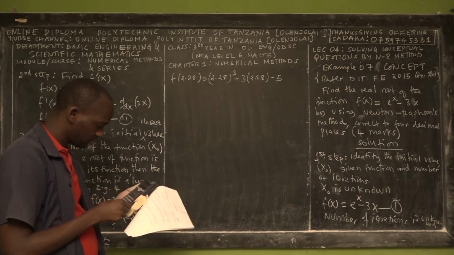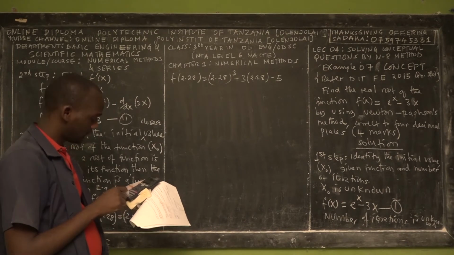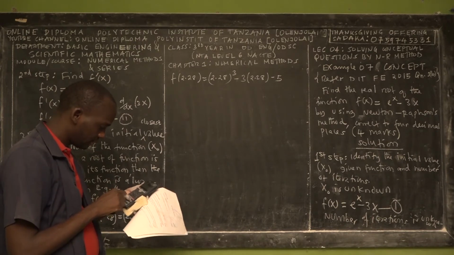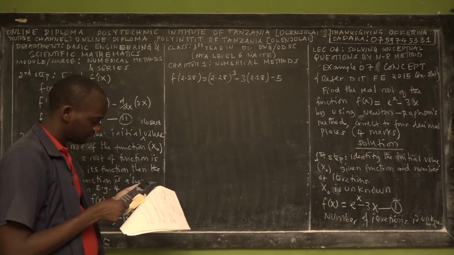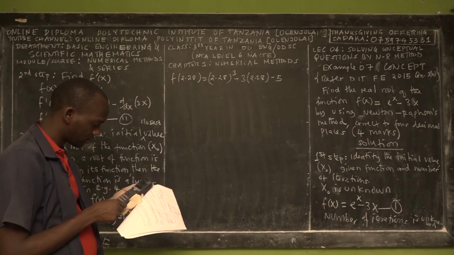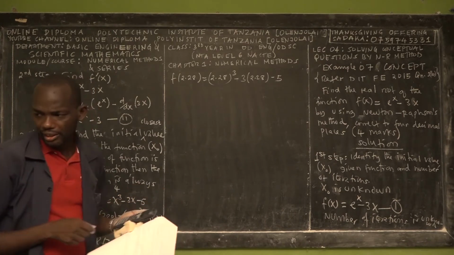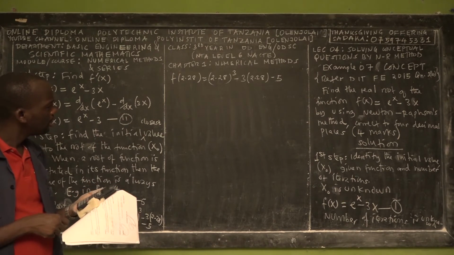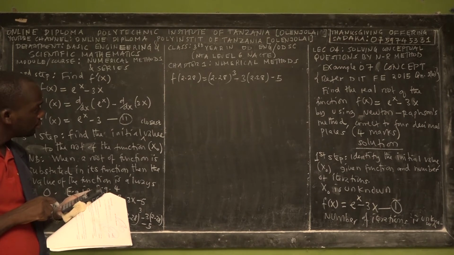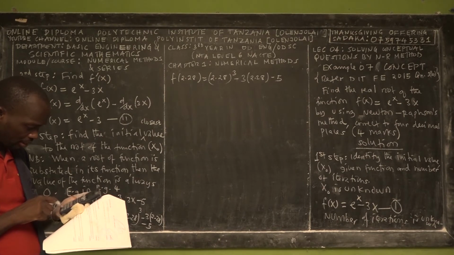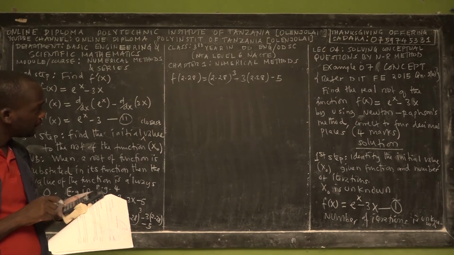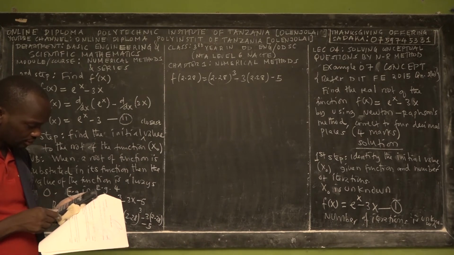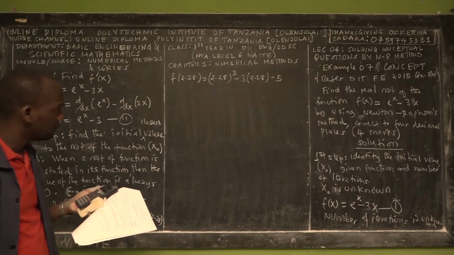It is 2.28, then we cube it, and subtract with open bracket 3 times 2.28, and then subtract 5. Yeah, right now, before I made a mistake.